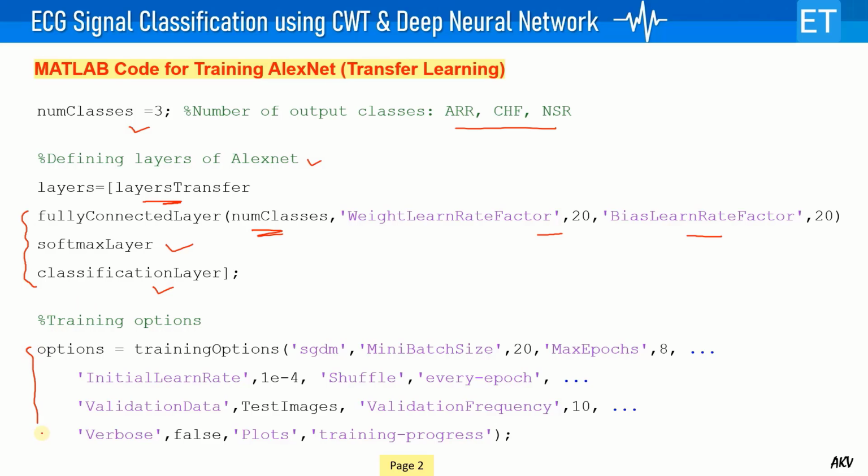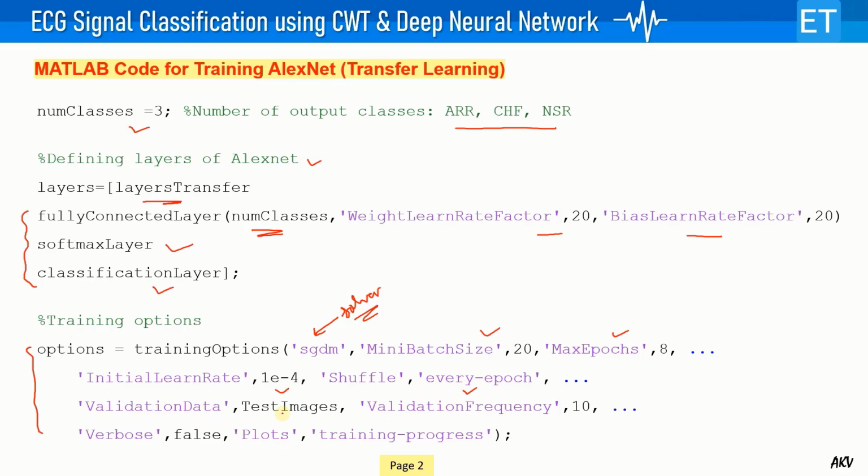And here we are defining the training options. First we are defining this solver, which solver we will use, and it is SGDM, which is the representation of stochastic gradient descent. And we are defining the mini batch size, then maximum epochs 8, and then the initial learning rate, that is 10 power minus 4, and we are shuffling the data in every epoch.